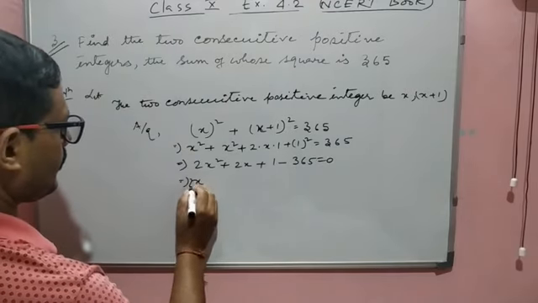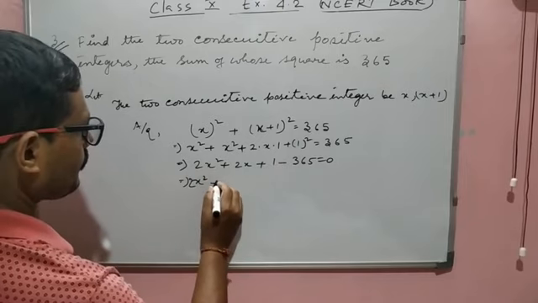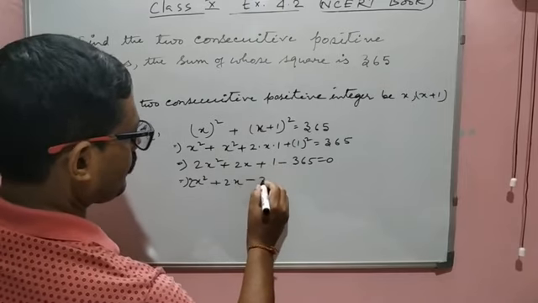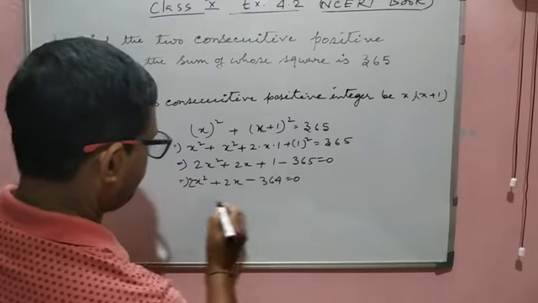This implies that 2x square plus 2x minus 364 equal to 0.